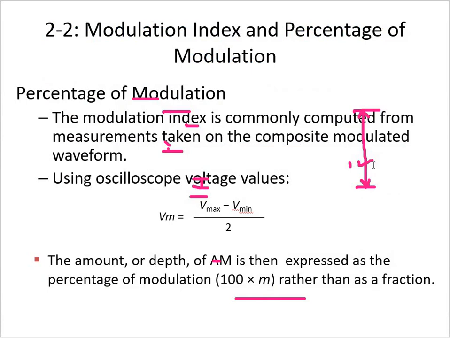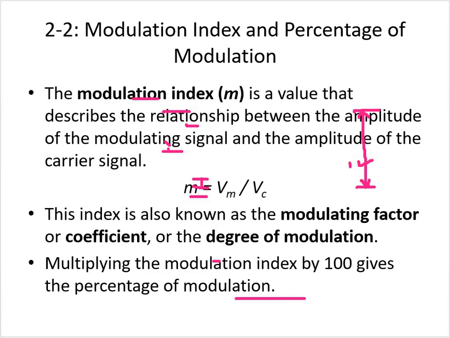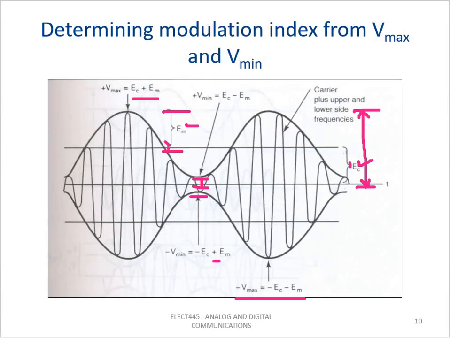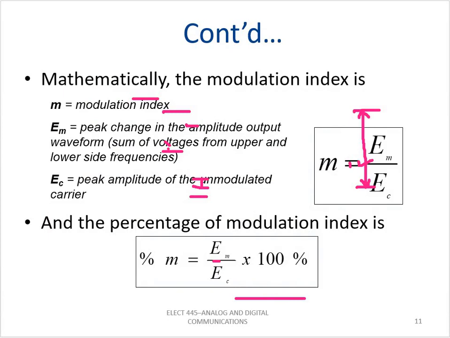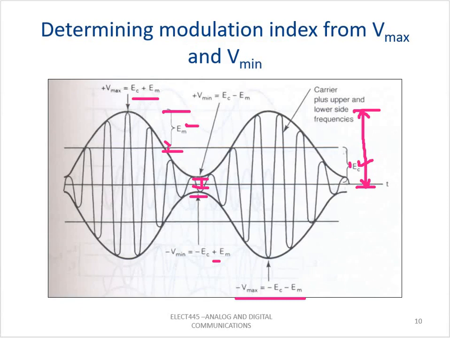You can see in the previous slide that (Vmax minus Vmin) divided by 2 gives us Vm. Okay, how about the VC? How do we calculate VC? Is there any other value from which we get the EC?